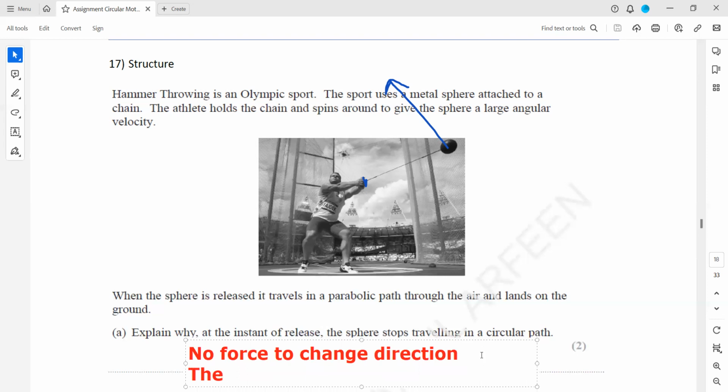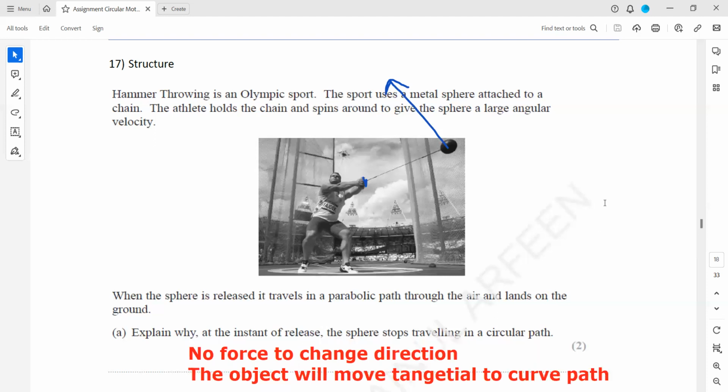And the sphere or the object will move tangential to the circular path or curved path. So one mark is for mentioning that the moment he releases, there is no force to change direction, so it will move tangential to the circular path.